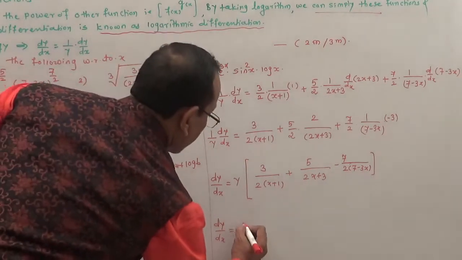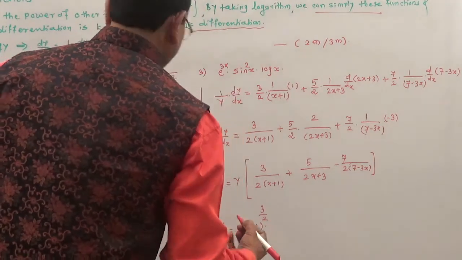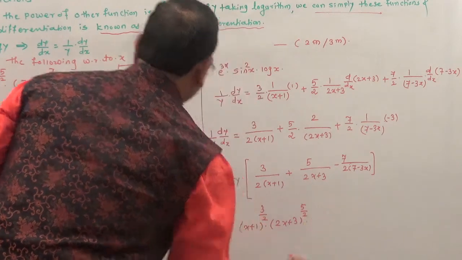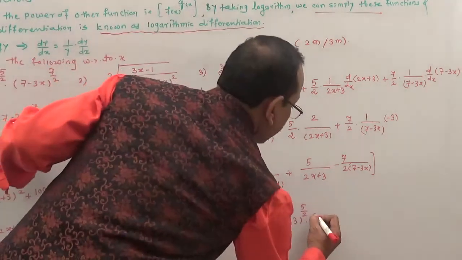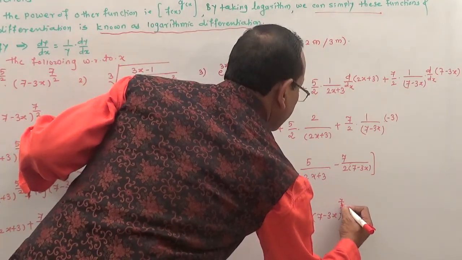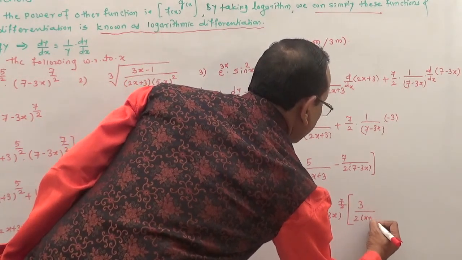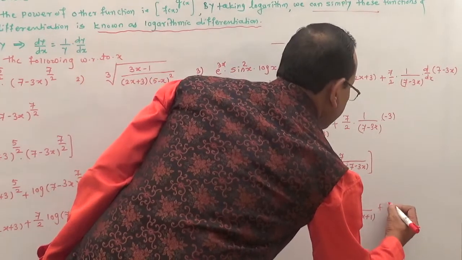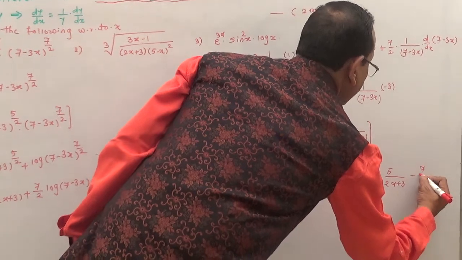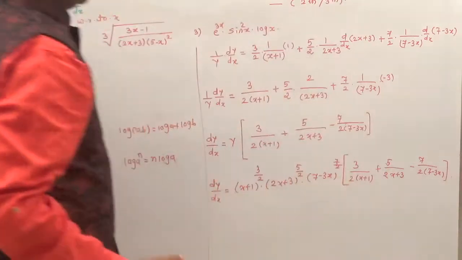It is (x plus 1) raised to power 3 by 2 into (2x plus 3) raised to power 5 by 2 into (7 minus 3x) raised to power 7 by 2 into the bracket 3 upon 2 times (x plus 1) plus 5 upon (2x plus 3) minus 7 upon 2 times (7 minus 3x).